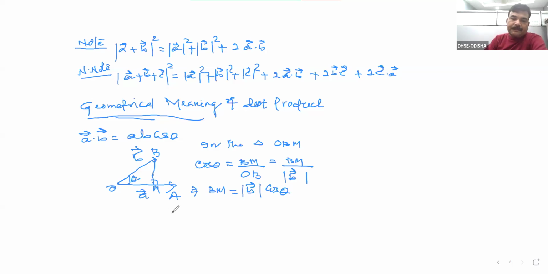A dot B is equal to A mod into B mod cos theta.